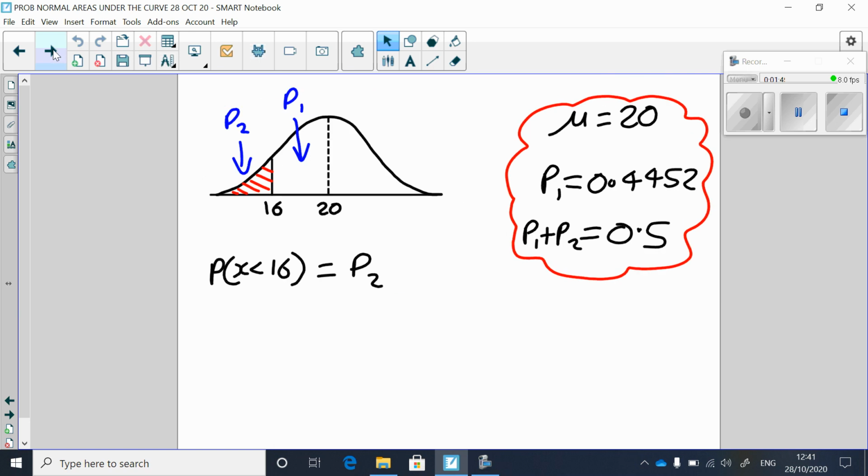Right, this first scenario is they're talking about less than 16.